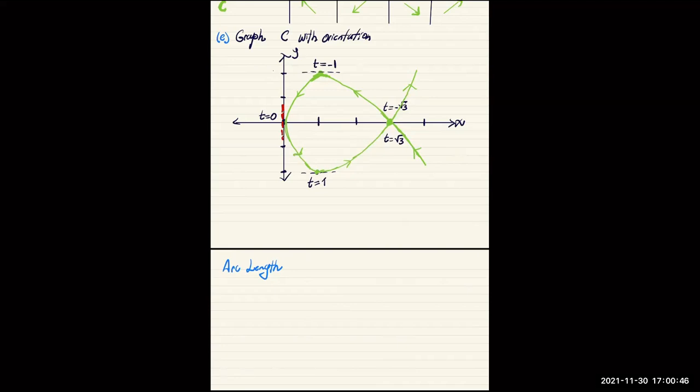A good question would be, what is the distance traveled by this particle from, let's say, t equal to 0 to t equal to 1? How much did the particle move? Or how much distance has been traveled from 0 to √3?